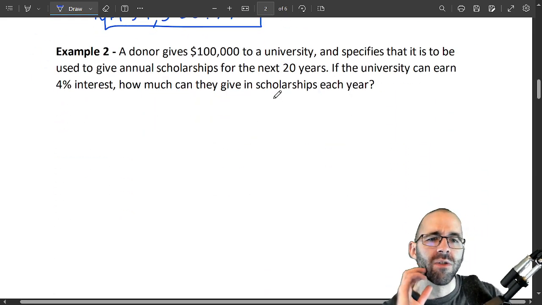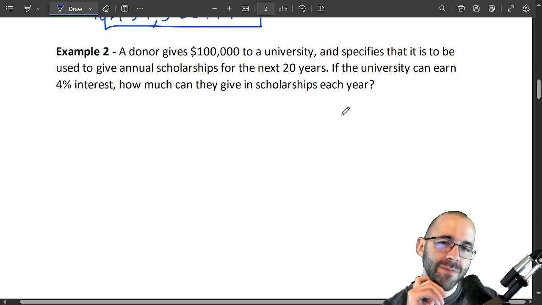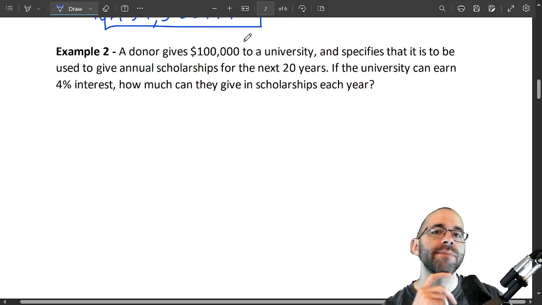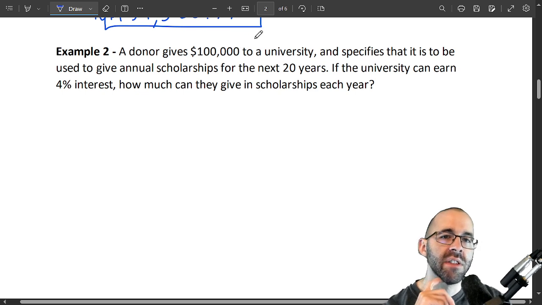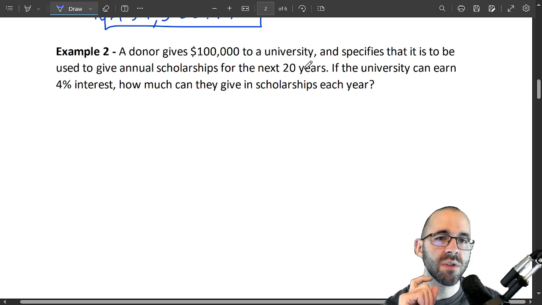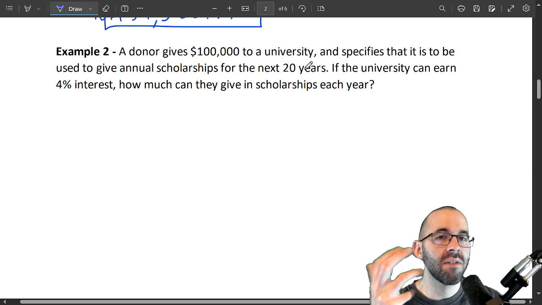Let's look at a weird version of one of these problems. We have a donor. They give 100K to a university and specify that it is to be used to give annual scholarships for the next 20 years. Right off the bat, the university can invest this money.